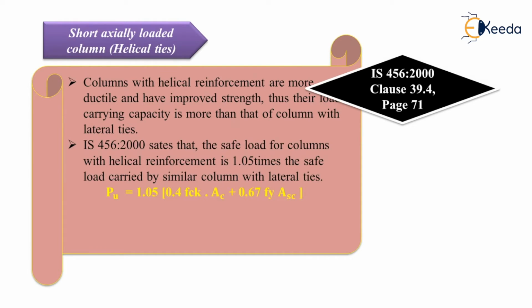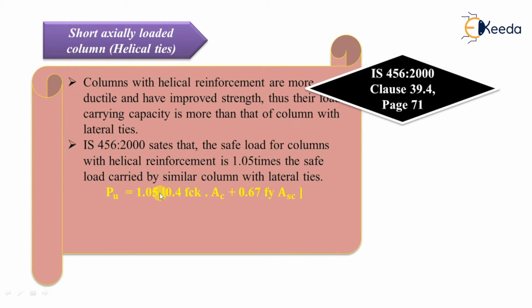So therefore they have given the formula here. Pu is equal to 1.05 into 0.4 fck into Ac plus 0.67 fy into Asc. Okay, the formula is the same. The only difference is we are multiplying by 1.05 here.